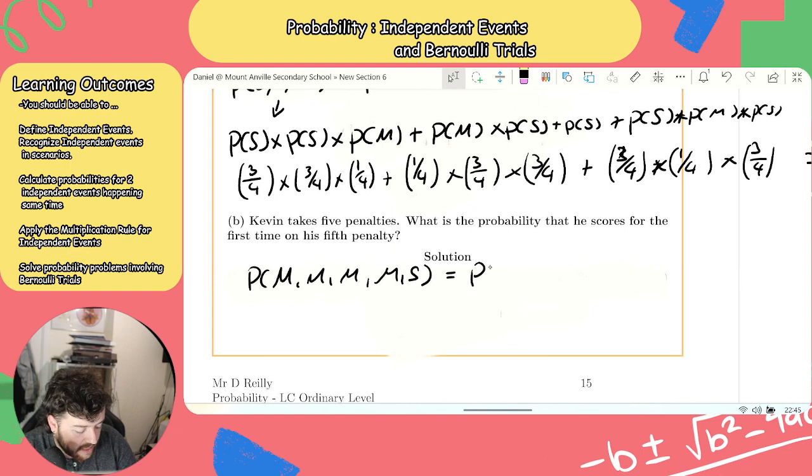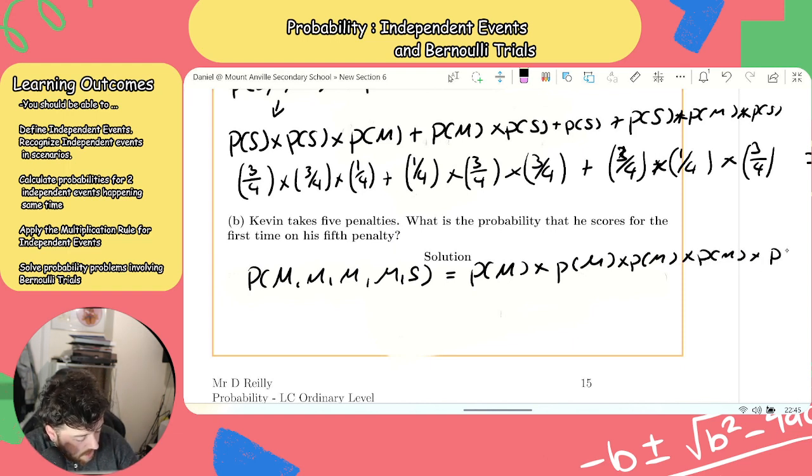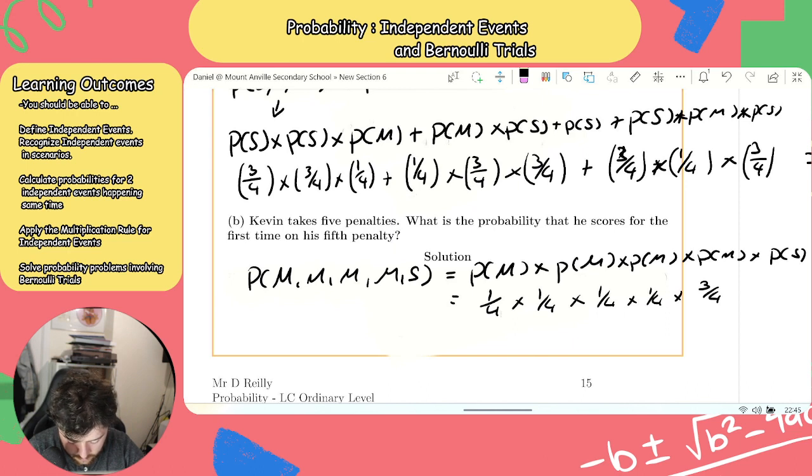These are independent events. So it's the probability he misses, times the probability he misses, times the probability he misses, times the probability he misses, times the probability he scores. That's 1/4 times 1/4 times 1/4 times 1/4 times 3/4, which is 1/4 to the power of 4, or 1/256, times 3/4.